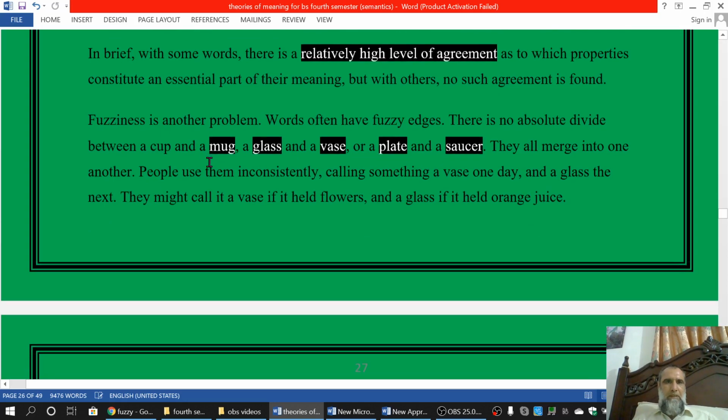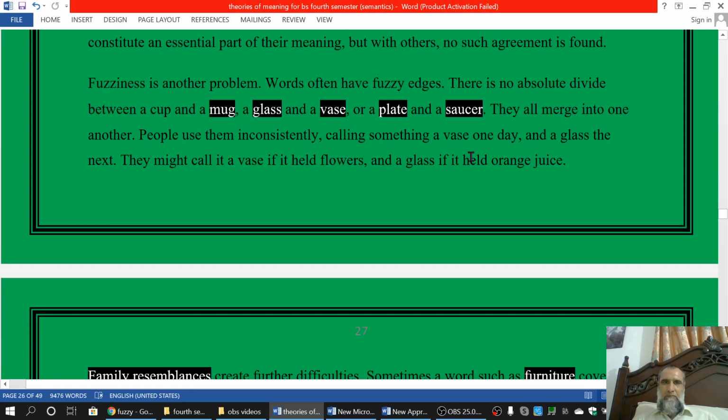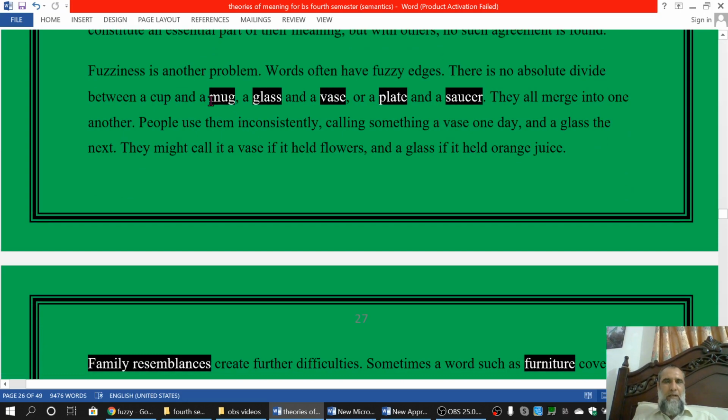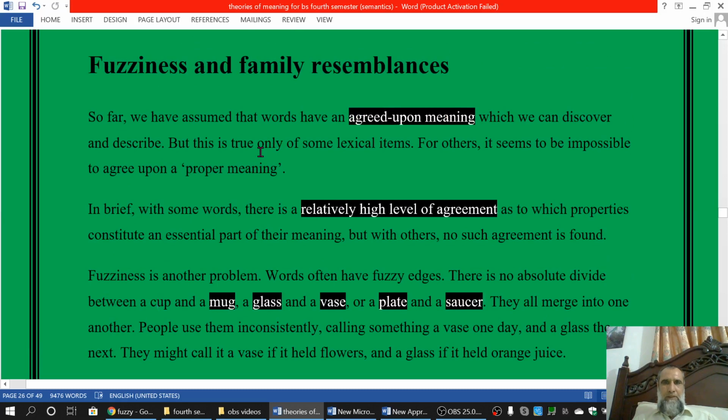Sometimes the differentiation between cup and mug disappears, between a glass and vase disappears, between a plate and saucer disappears, and there is a kind of fuzziness found in it. They are merged together. For example, mug sometimes is called cup, and cup is sometimes referred to as mug. So this differentiation is there.